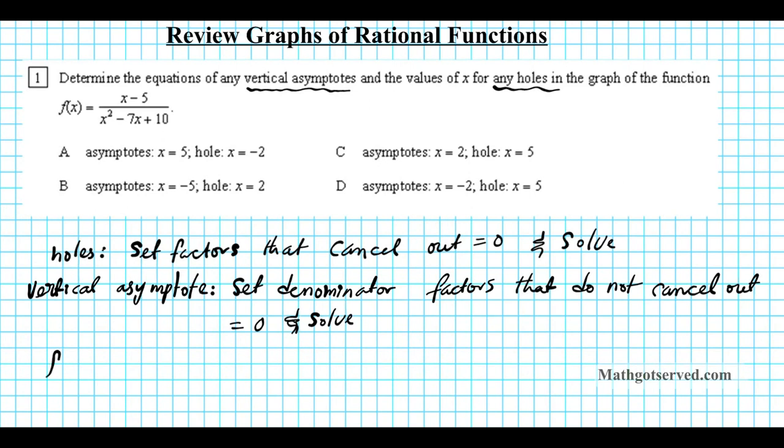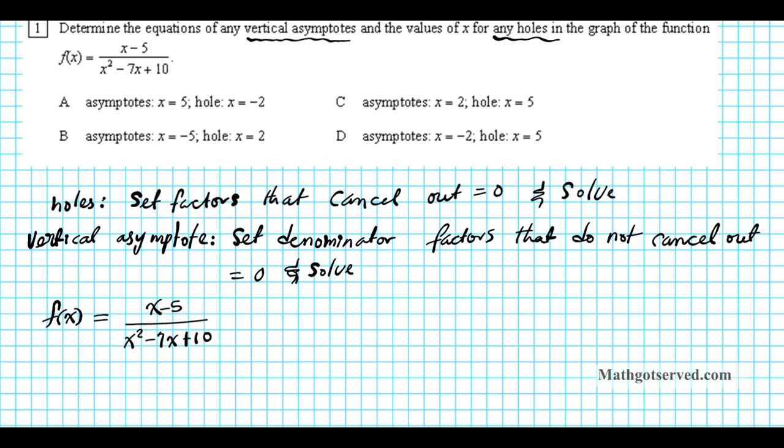So to determine what the holes are, we have to determine what factors cancel out. Okay? So write down the numerator and the denominator. Now, what does the numerator and the denominator have in common? In order to answer that, we have to factor the denominator. Okay? So let's use the AC method here.